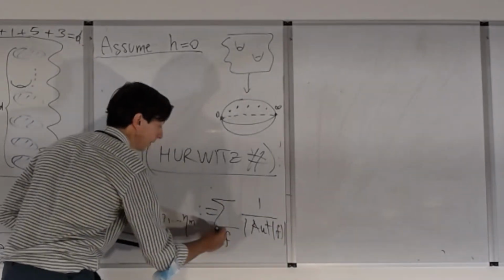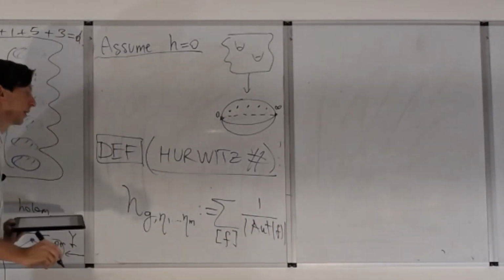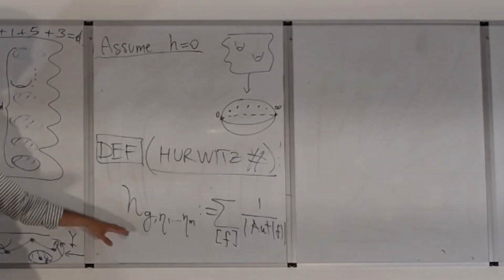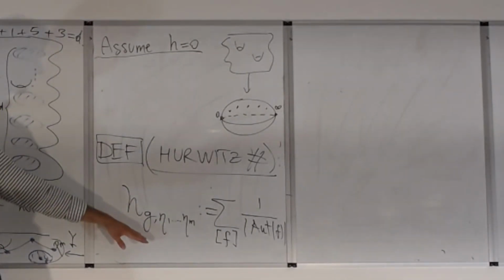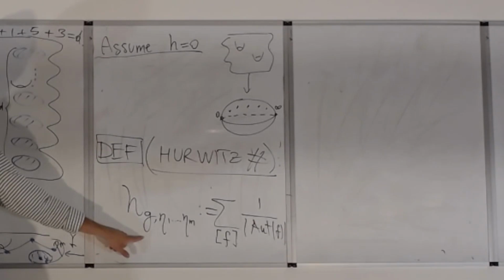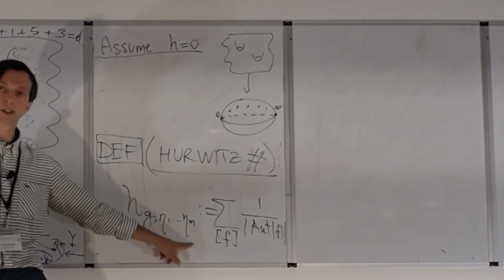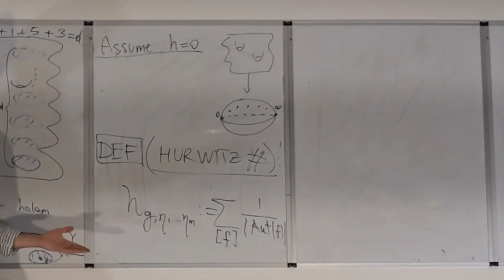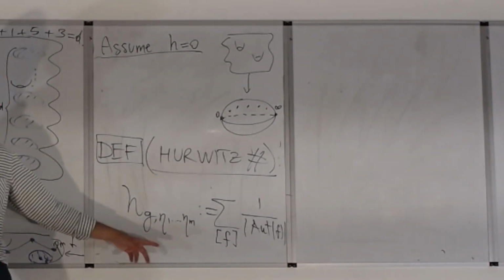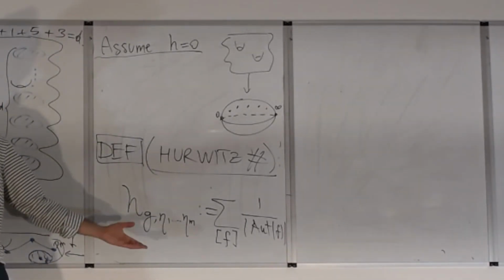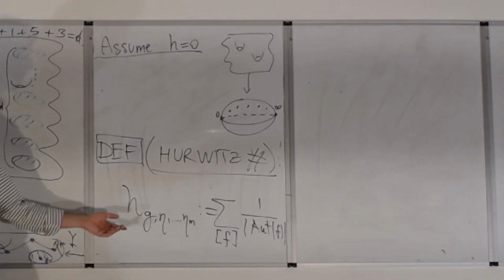I want to define Hurwitz numbers that depend on the genus upstairs and also on all these partitions of d. I don't have to write d because I just point at any of these and look at the size of the partition. So you don't have to remember it.